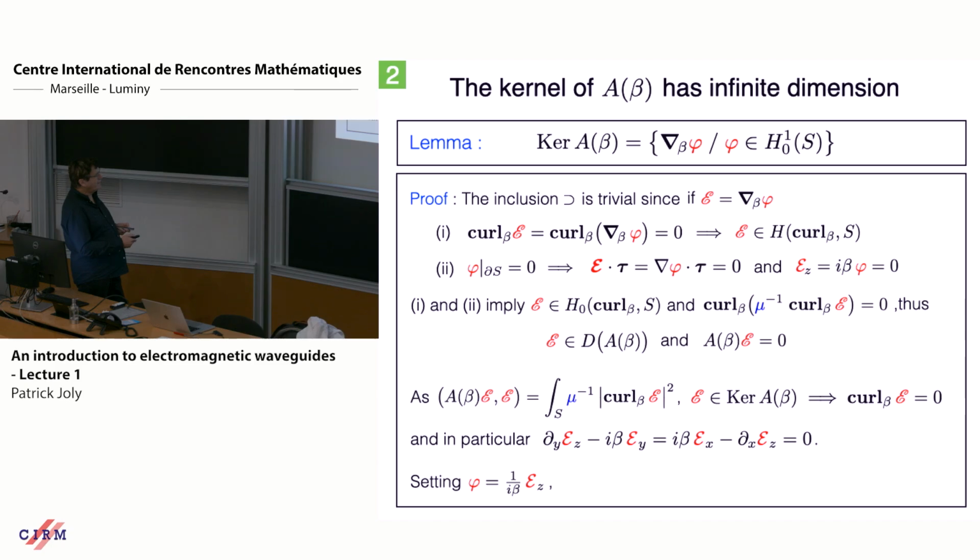So if you define the phi that will realize the theorem as 1 over i beta times EZ, you see that from the second equation, EX is simply the x derivative of phi, EY is simply the y derivative of phi, and EZ is i beta times phi by definition of phi. So you have proven that E is a grad beta. Okay.